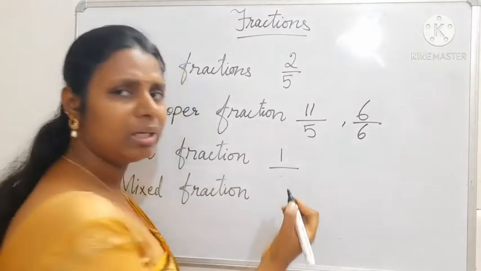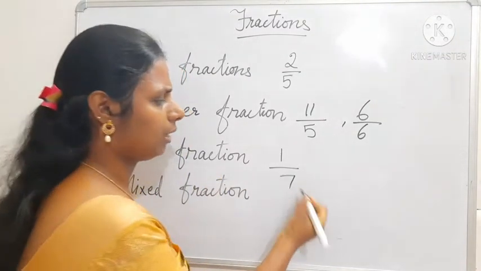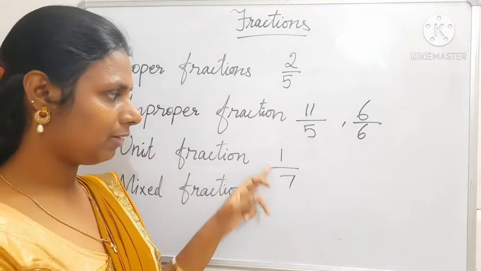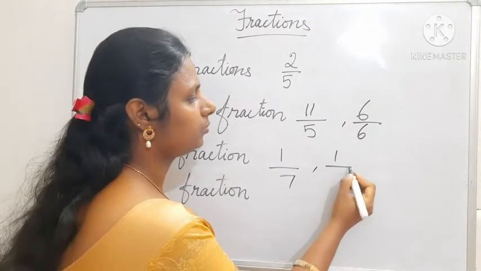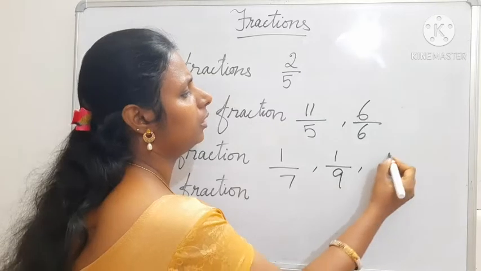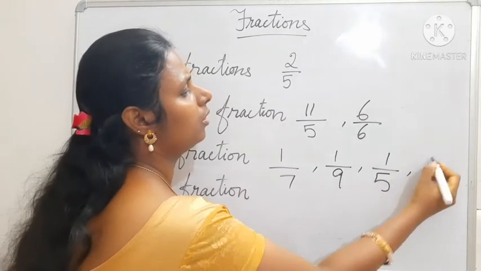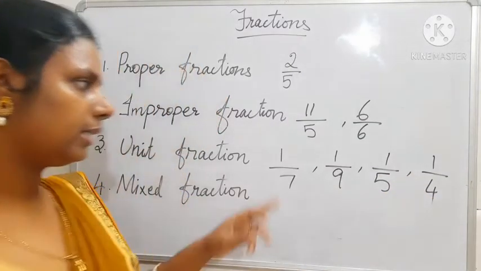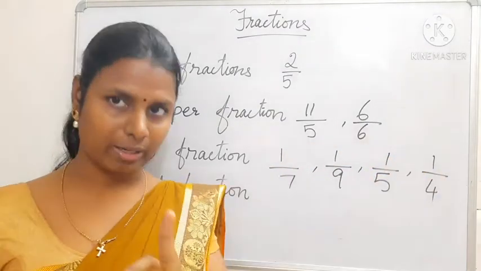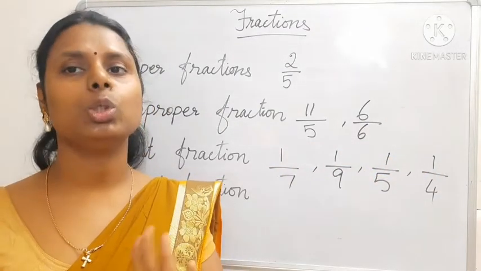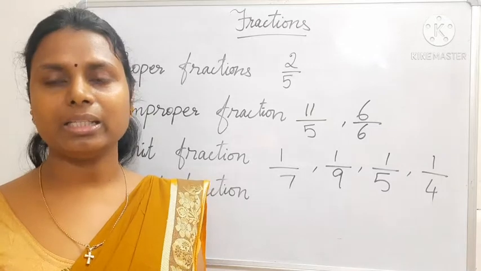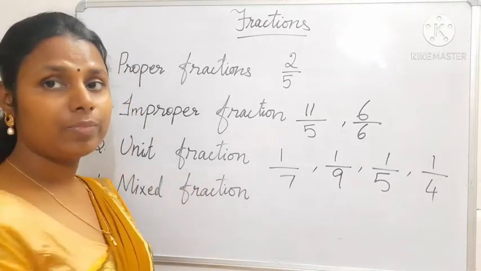Okay. For a denominator, you can write anything as you wish. Here I am writing 7. So, 1 by 7. Numerator is 1. 1 by 9. 1 by 5. 1 by 4. Whatever it is. If the numerator is 1, that means that is unit fraction. Okay, have you got it?